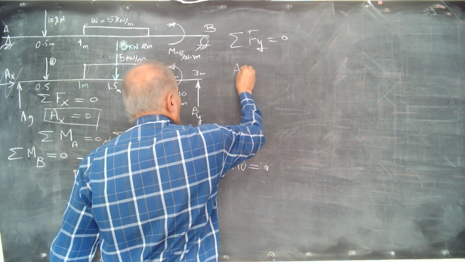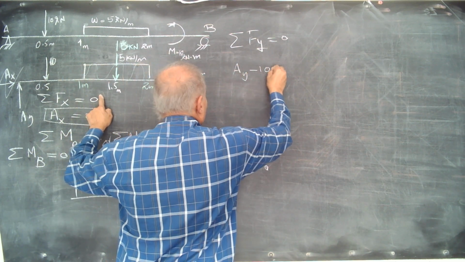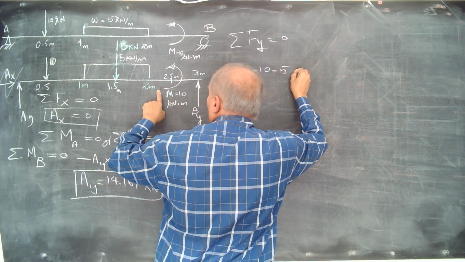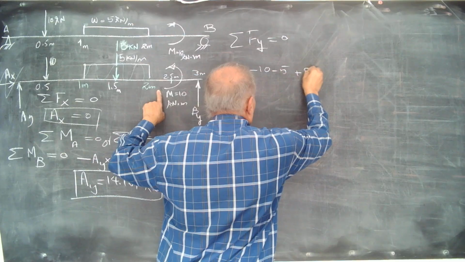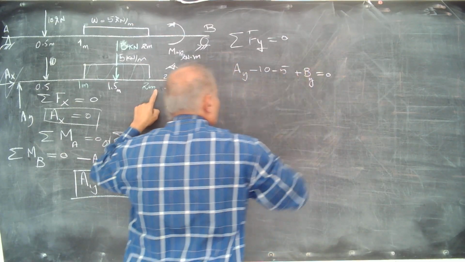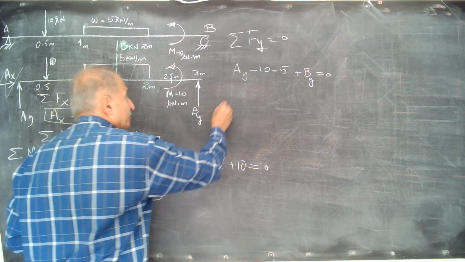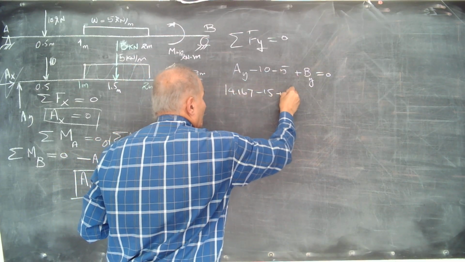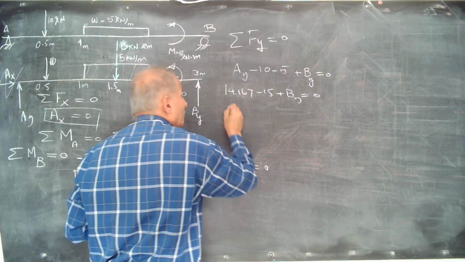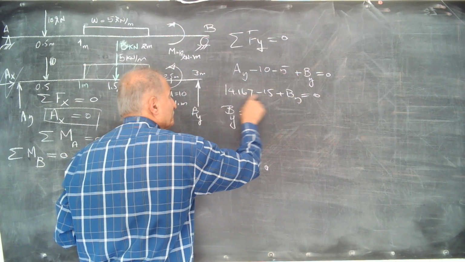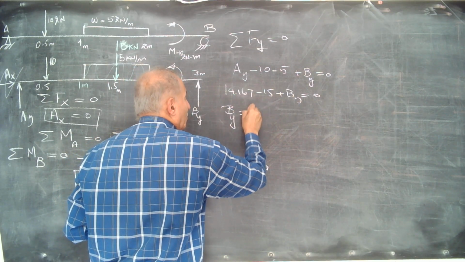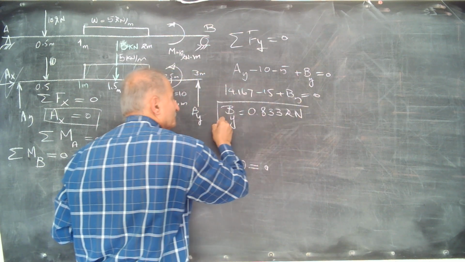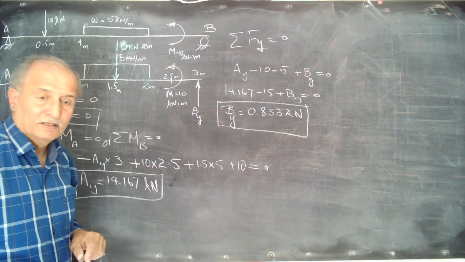Then, Fy minus 10, minus 5, and the only thing that we have plus By equal to 0. What is Fy? 14.167 minus 15 plus By equal to 0. By is equal to the difference between these two, which is 0.833 kilonewton.